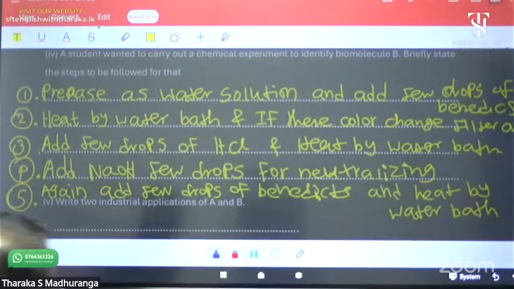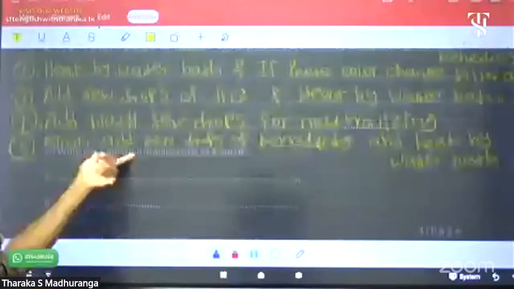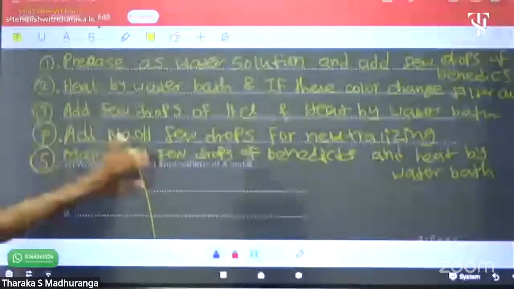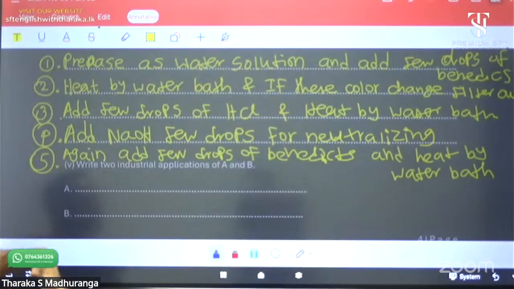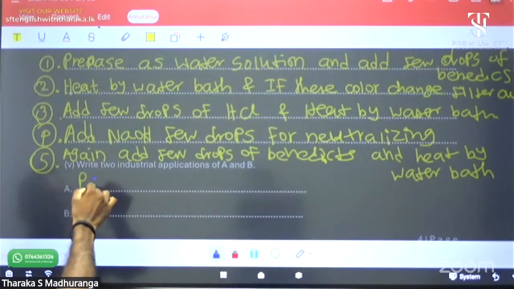Okay, final one. Write two industrial applications of A and B. A is cellulose, or any polysaccharide. We can put paper production.